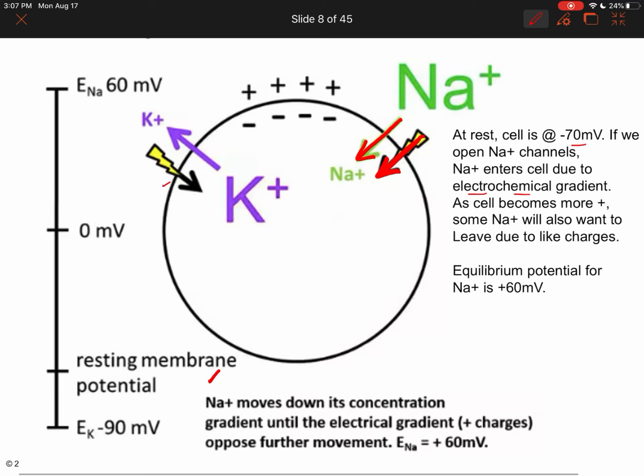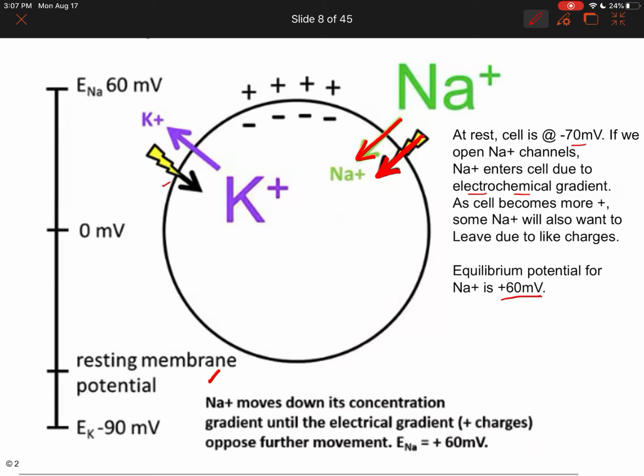As more positive sodiums come in, the interior of the cell will start to become more positive. And so sodium will also want to leave because like charges are going to repel each other. And so it turns out that the equilibrium potential for sodium is going to be positive 60 millivolts.